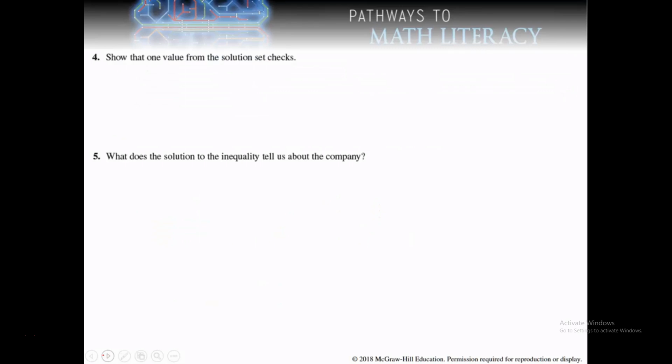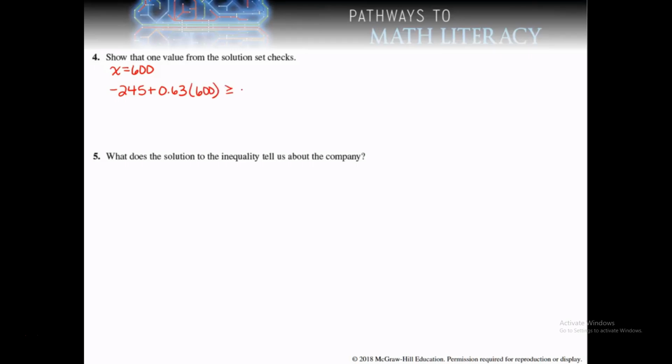In 4, show that one value from the solution set checks. Well, that means you can pick anything larger than 547.6, so maybe 600. If we plug that back into the original inequality, negative 245 plus 0.63 times x, we'll put 600 in there for x.